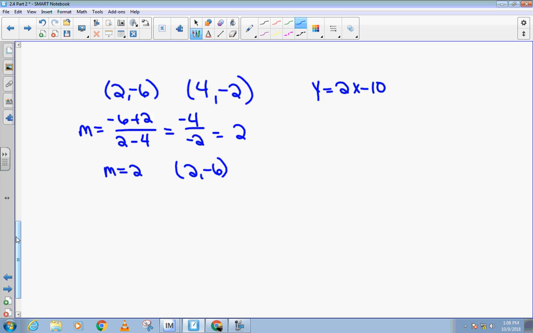Okay, so then we put it in our point-slope form. That's y minus a negative 6, so y plus 6 equals 2 times x minus 2. Then we distribute. We get y plus 6 equals 2x minus 4. And then we subtract 6 from both sides, and we get 2x minus 10.